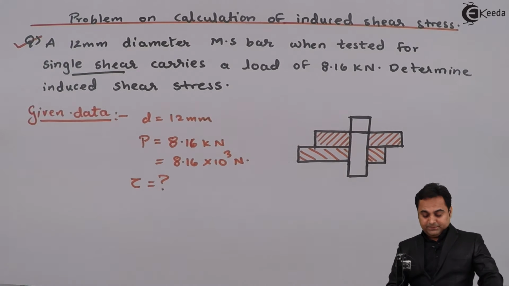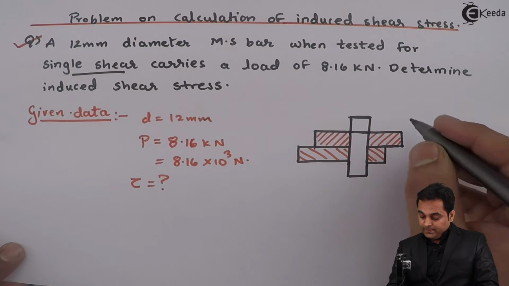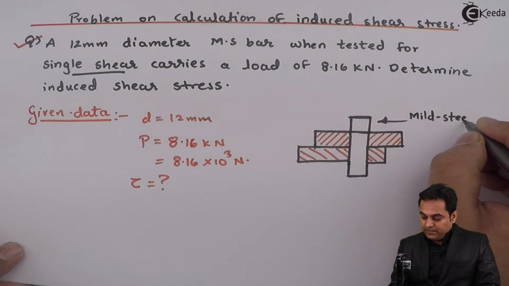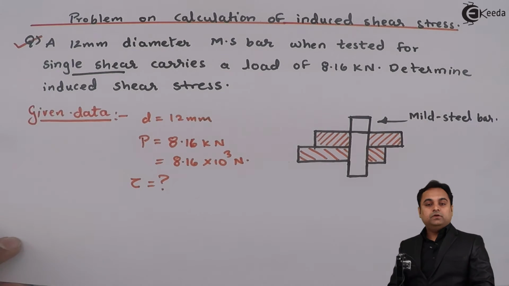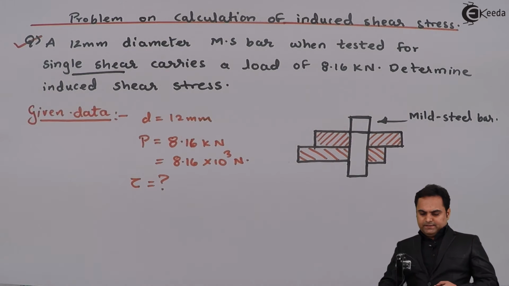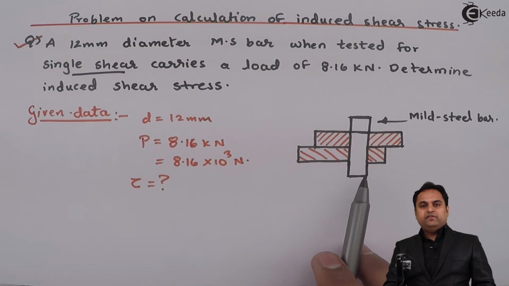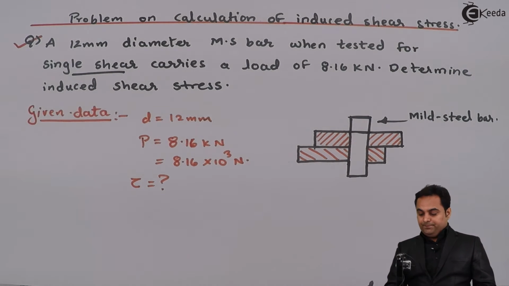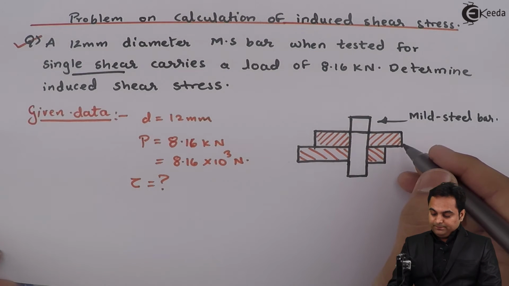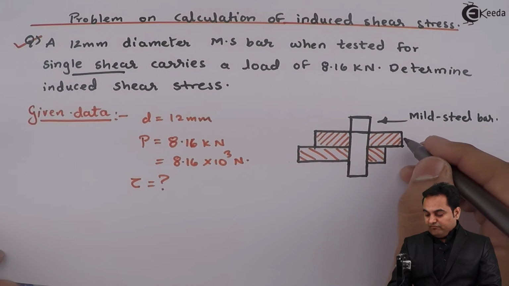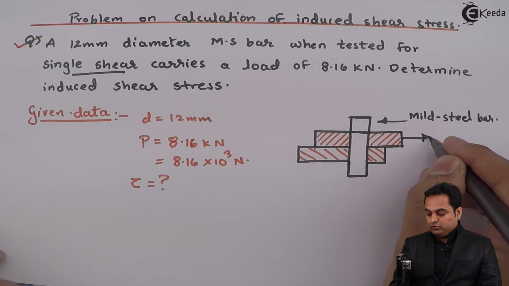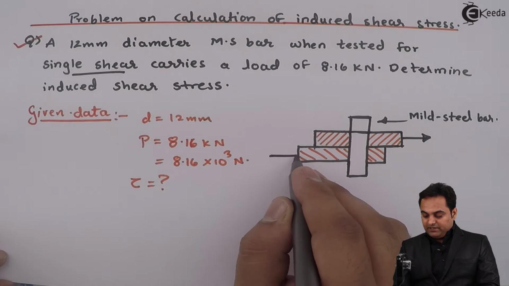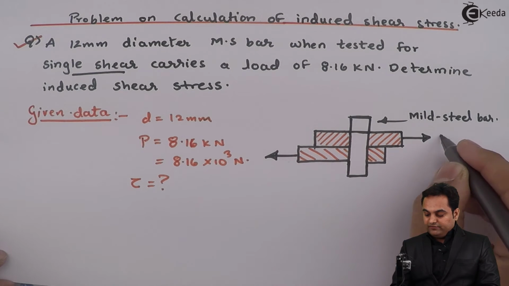Between the two plates we are having a mild steel bar. Now the diameter of the mild steel bar is 12, so in both the plates there would be a hole of 12. On one plate, that is the upper plate, if we apply a force towards right, on the bottom or lower plate if we apply a force towards left.